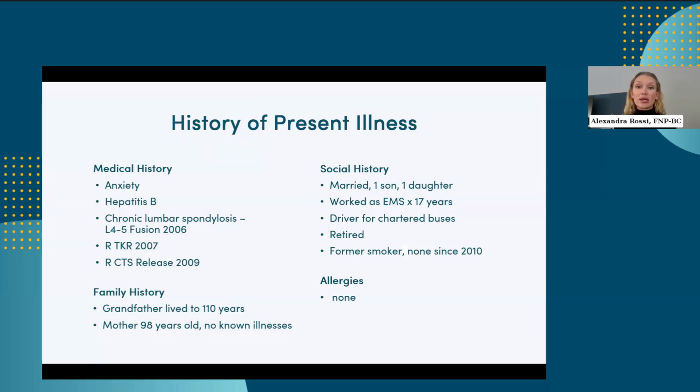His social history: he's married, he has a son and a daughter. Interestingly, he worked EMS. He's retired now. He's a former smoker. He has no allergies. One thing I do want you to save in the back of your mind for further discussion down the road is that his grandfather lived to be 110, and his mother lived to be 98. They had no known illnesses.